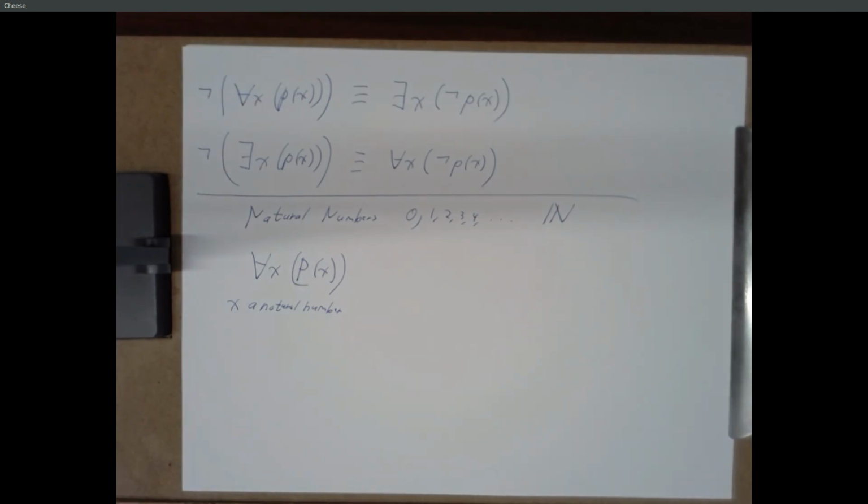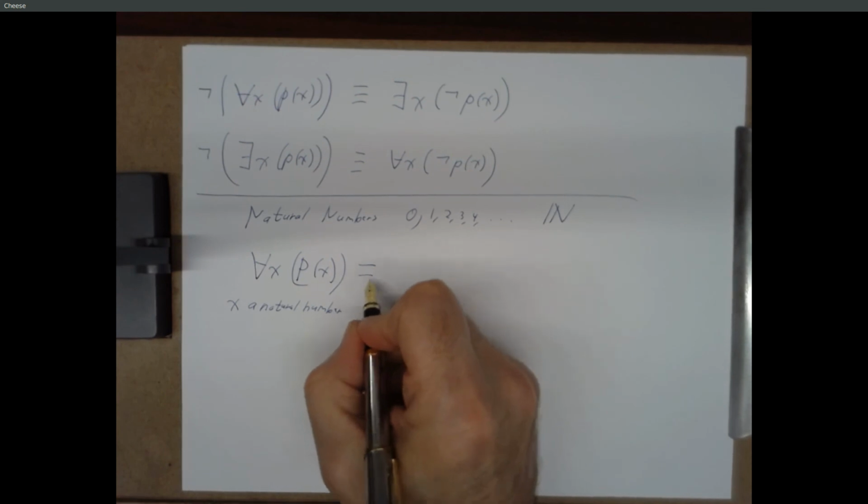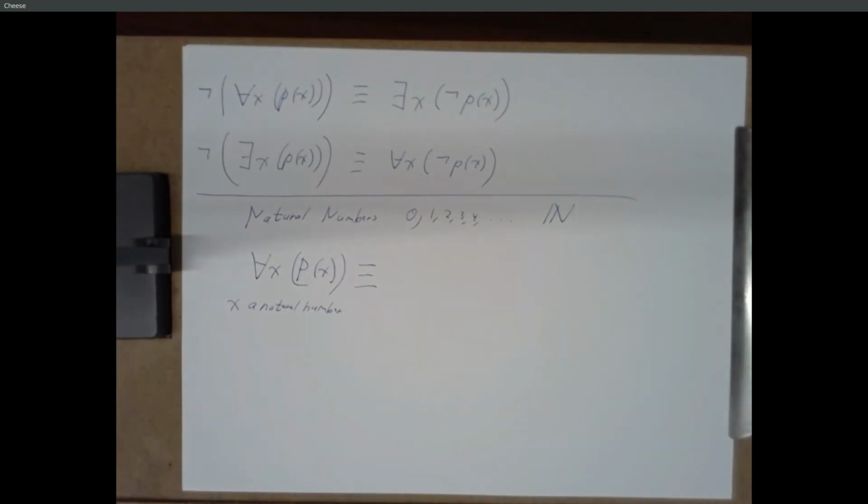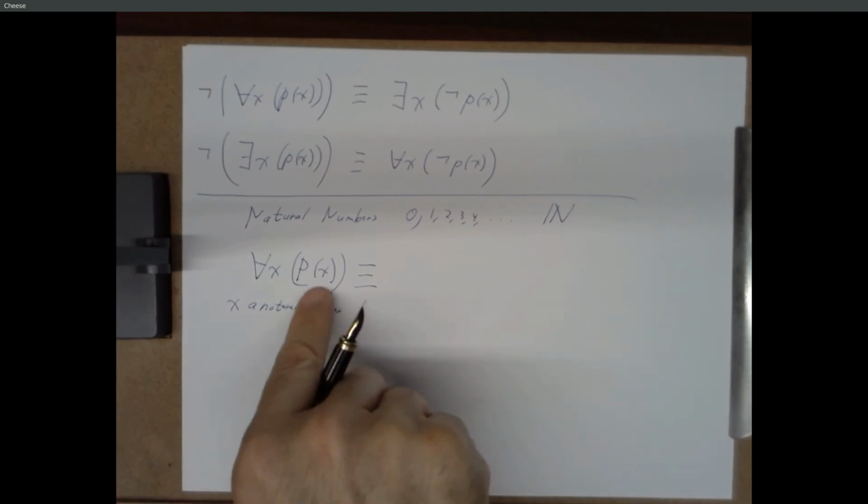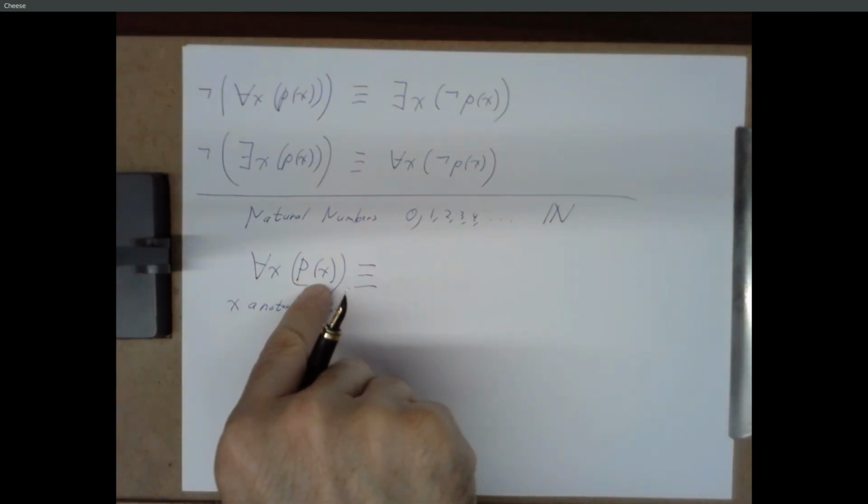For all natural numbers x, p of x is true. We can write an equivalent statement to this. What does this mean? It means that if x is equal to 0, p of x must be true. Agreed?